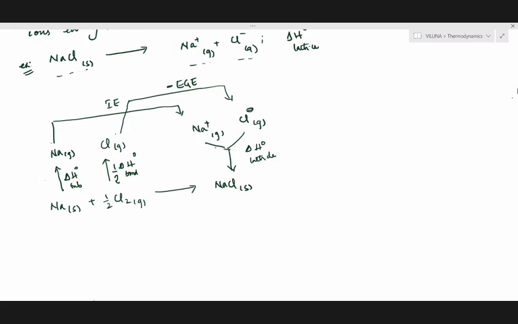So how many enthalpies are involved? The net reaction delta H will be around plus 788 kilojoules per mole.